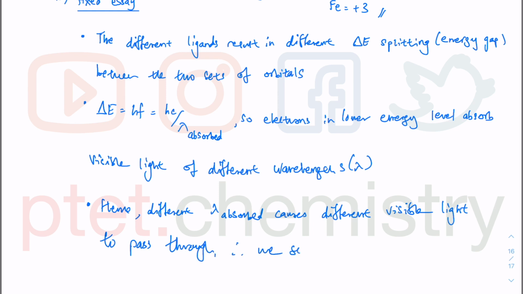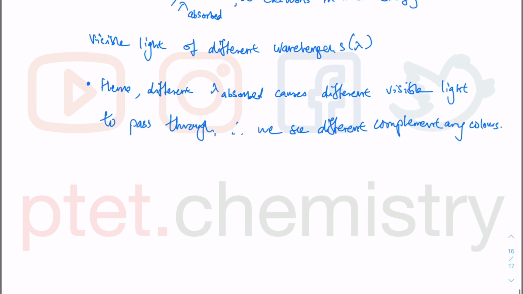Therefore we see different complementary color. This is something that will have been mentioned in your classes, as well as in the notes that you make yourself, because this is advanced level chemistry, so you don't just rely on a teacher, but rather you make your own notes. It's independent learning, really.